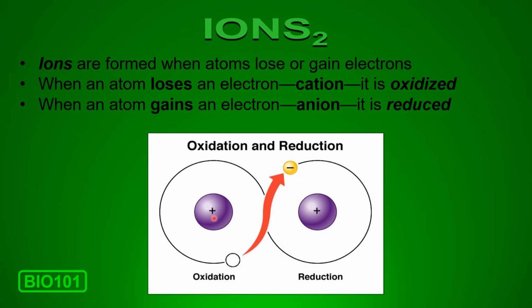So this atom loses its electron, thereby becoming oxidized. This is a cation now. And this atom picks up that electron, or gains an electron, thereby becoming reduced. So this is an anion.